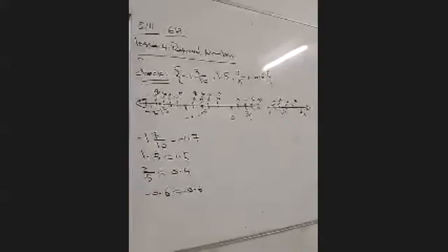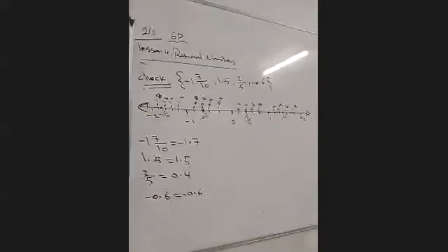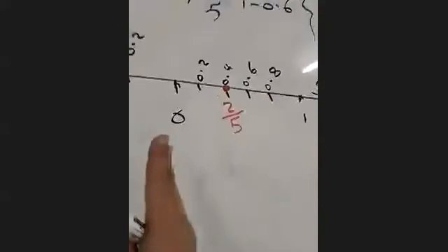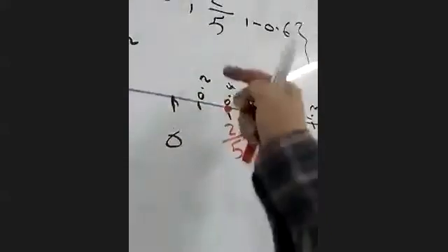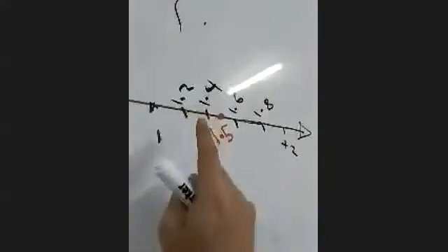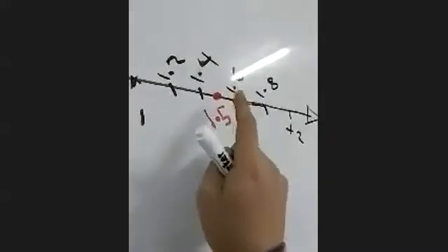Sometimes we write 1.8, then we write after 0.2. No, wait. After the 0, it is 0 point, right? Yes. But after the 1, it is what? 1.2, 1.4, 1.6, got it?